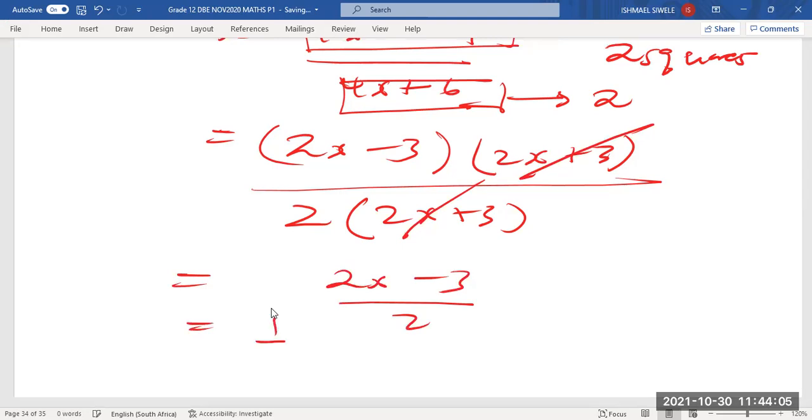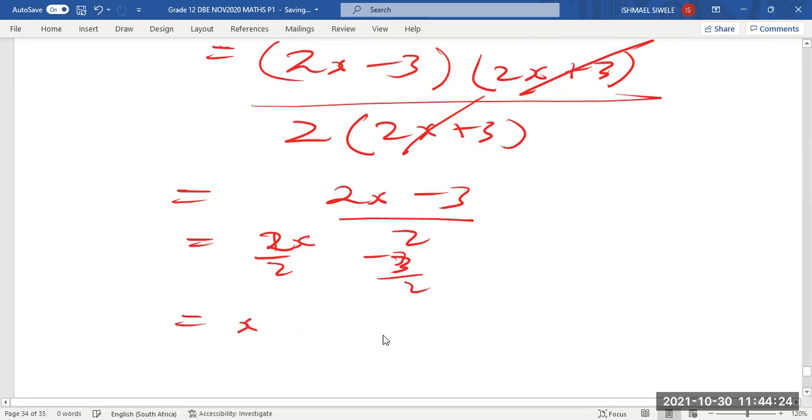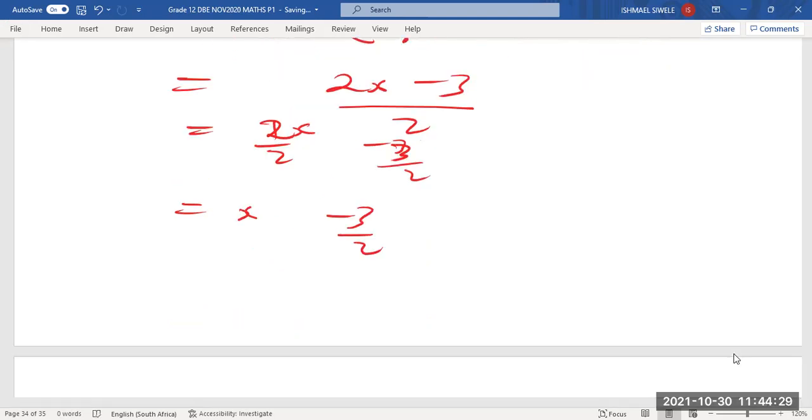We can take it as 2x over 2 minus 3 over 2. 2 divided by 2 is x, and this one is going to remain as negative 3 over 2. We haven't derived this yet. This was just writing the given function in its simplest form.